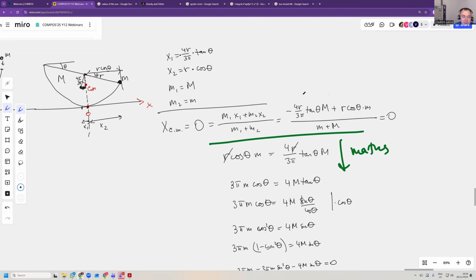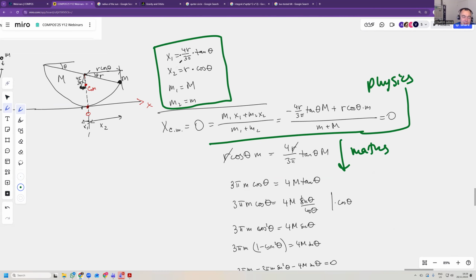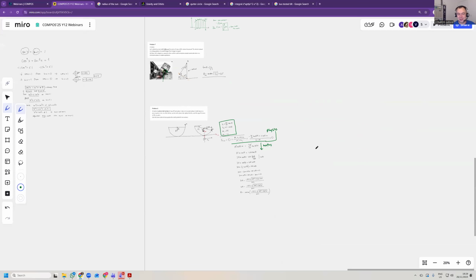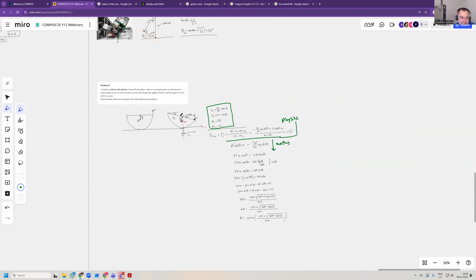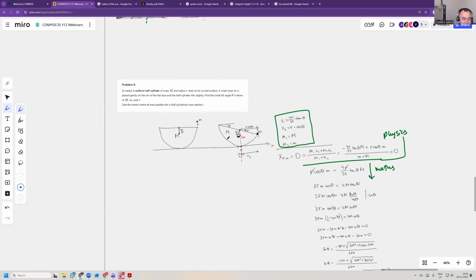Maths starting from here. This is where physics ends. This is physics. This is the hard part. Honestly, because solving equations, you can solve a difficult equation, you can ask a computer to solve a difficult equation. But the setup you have to do yourself.